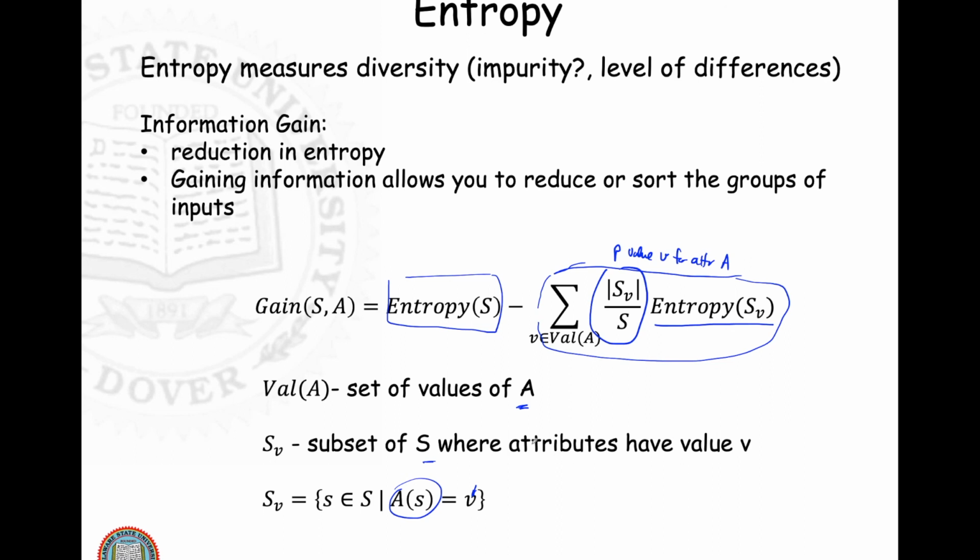All right, and so this is the entropy before you sort the groups or partition the subgroups, and this is the expected entropy for each one of the subgroups. And so you're subtracting off the expected entropy across the subgroups from the original entropy before you partitioned into subgroups.